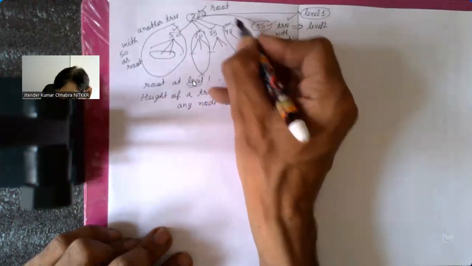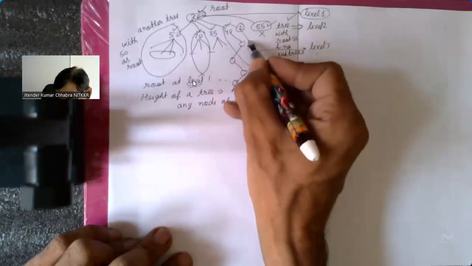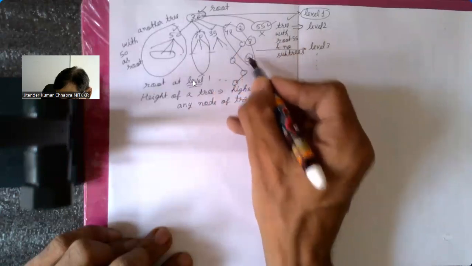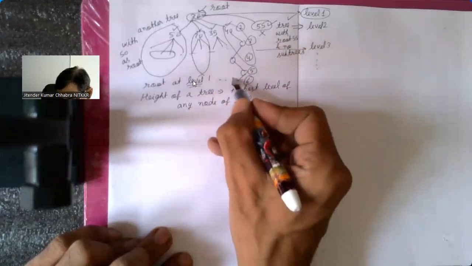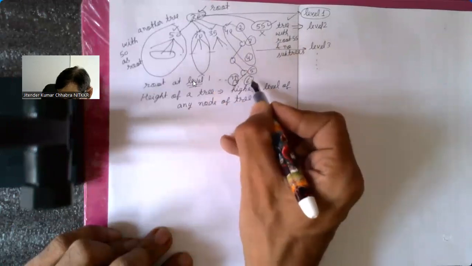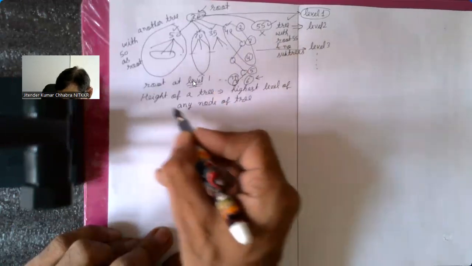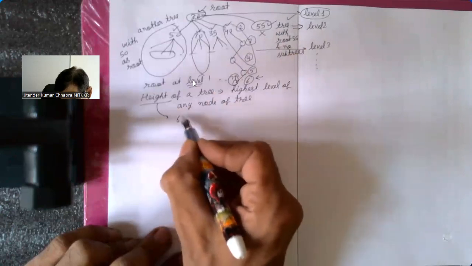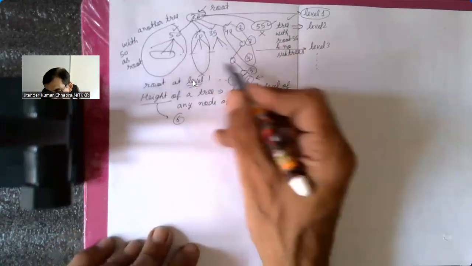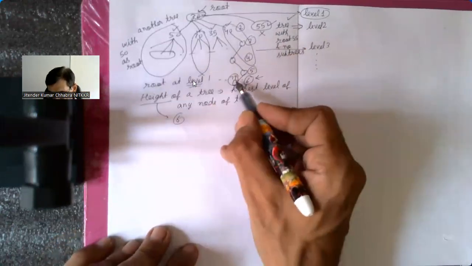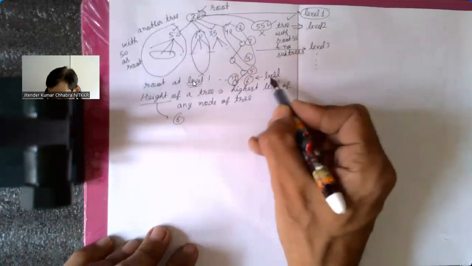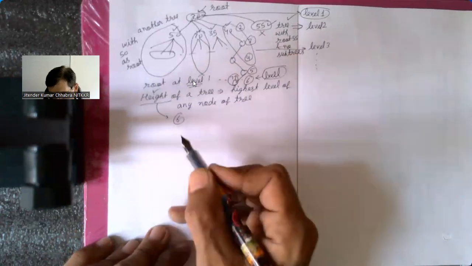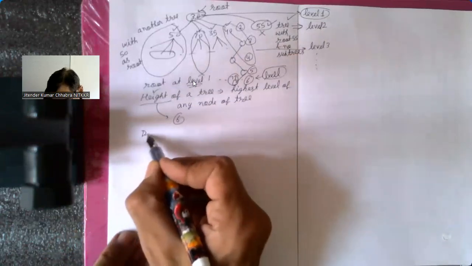So level 2, level 3, level 4, level 5, level 6. Say this value is 77. 77 is at level 6. So my height will be 6. Even if other nodes might be terminating before, if it is the highest level, then this will be called the height.